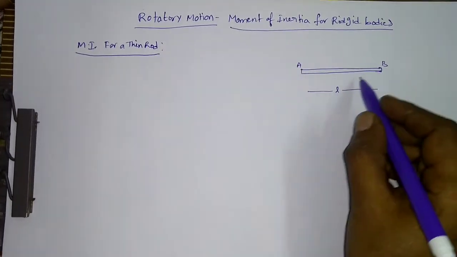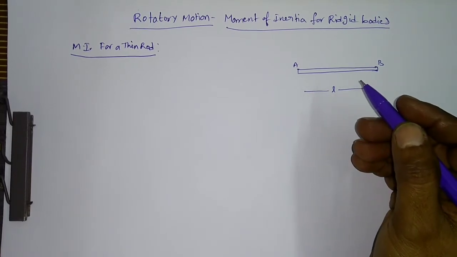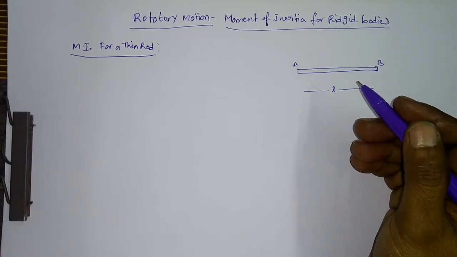The definition of moment of inertia is the product of mass and the square of the perpendicular distance from the axis of rotation.